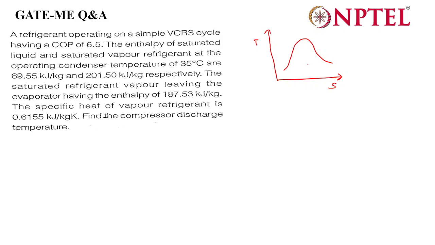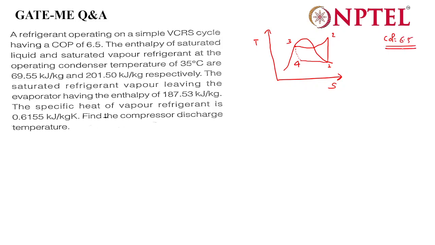Dry saturated vapor leaving the evaporator. So the evaporator exit would be dry saturated, so here it would go. The COP of this cycle is given as 6.5.